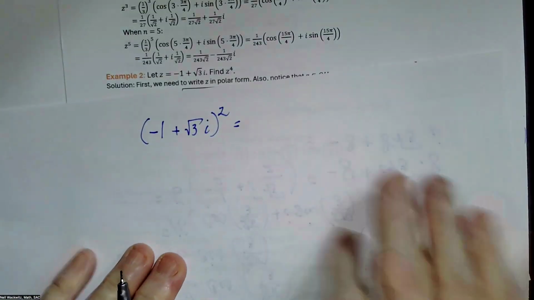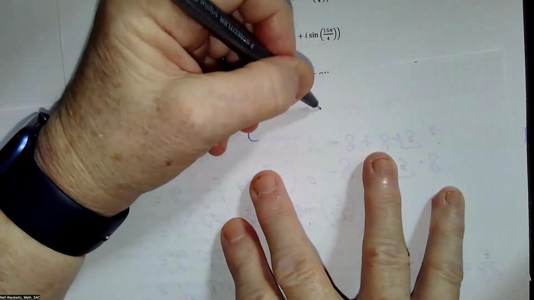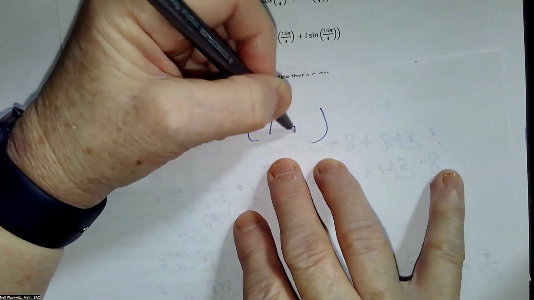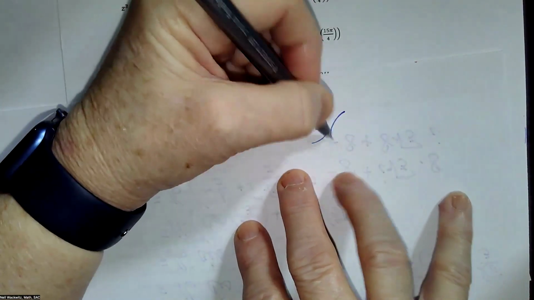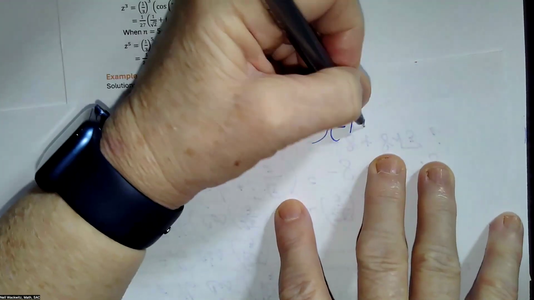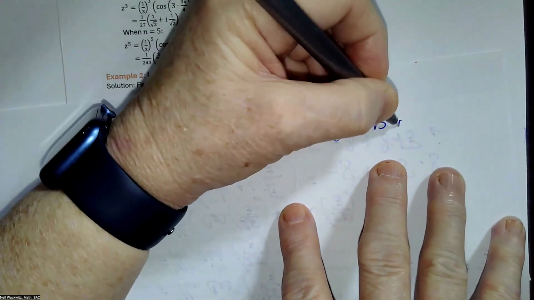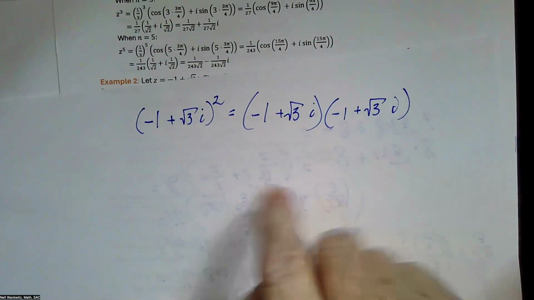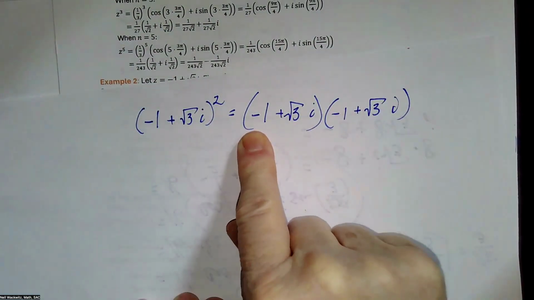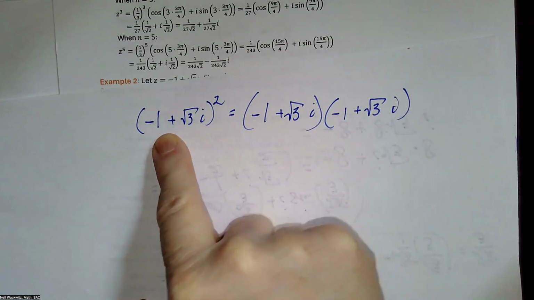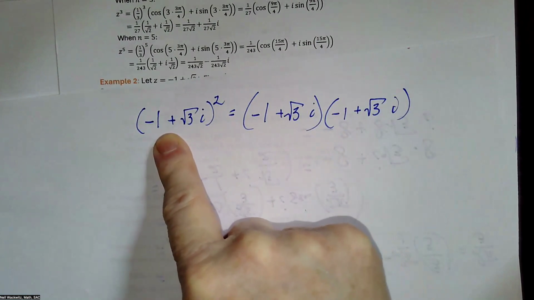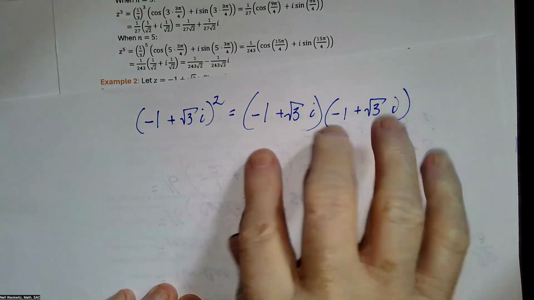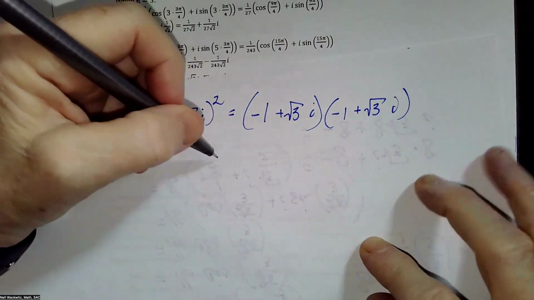And then we're going to square the square. So we have negative 1 plus square root of 3i times negative 1 plus square root of 3i. And we remember that multiplying complex numbers in rectangular form means distributing.